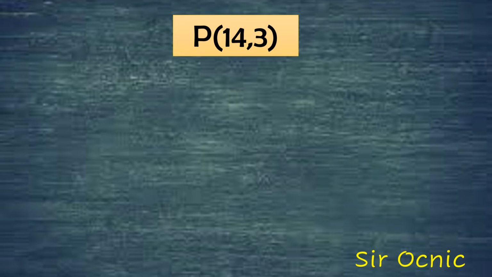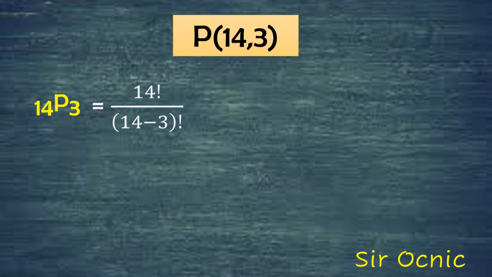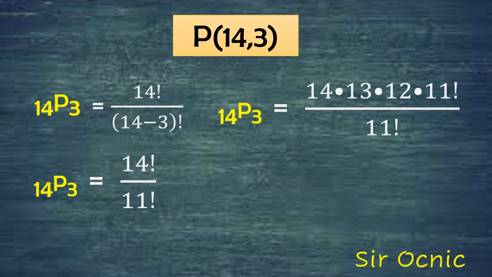Permutation of 14 taken 3 at a time. That is equal to 14 factorial all over 14 minus 3 factorial, or simply 14 factorial all over 11 factorial. Expanding the numerator, we will have 14 times 13 times 12 times 11 factorial all over 11 factorial.